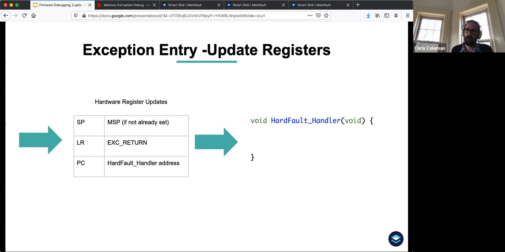And we'll get into this, but what exception return does is it basically encodes to the hardware how to unwind that stack that was just pushed. And then finally, it will update the program counter to the address of the handler to invoke. So in our case, when a fault takes place, the hardware will look up the address of the HardFault handler in a vector table, point to that, and then finally we're in our HardFault handler.